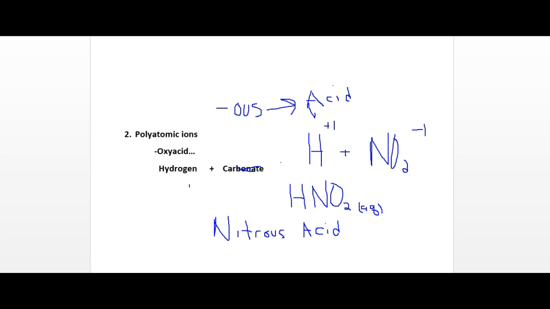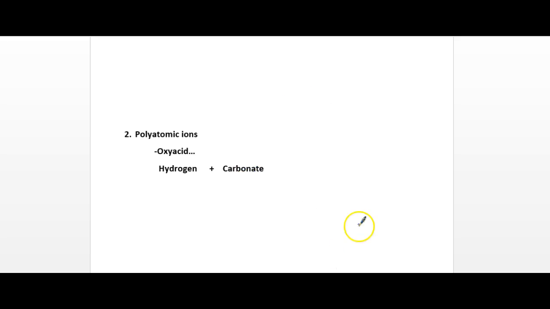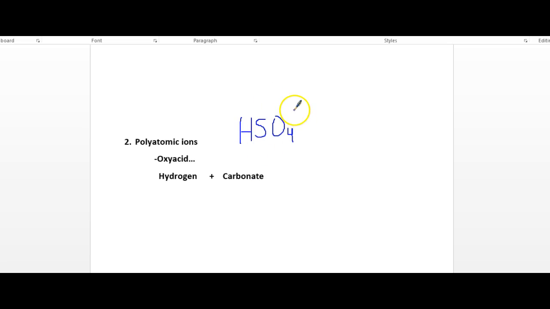If we wanted to look backwards at one, so let's say we had a formula. Let's say we had SO4. Okay, then we have to figure out, do we have this right? Let me see. We want to remember the charges, -2, +1.